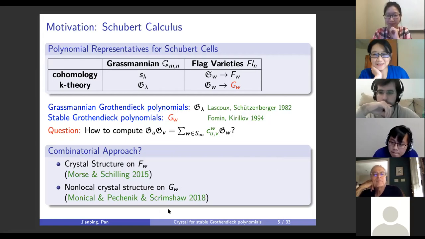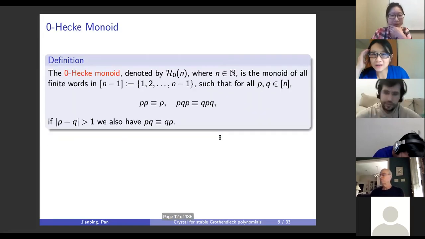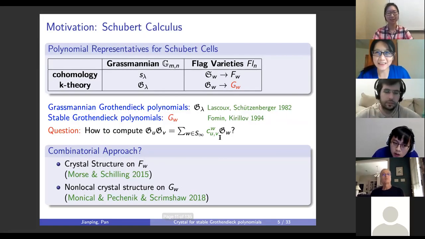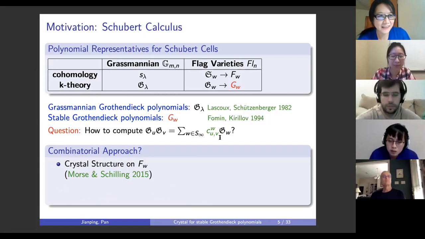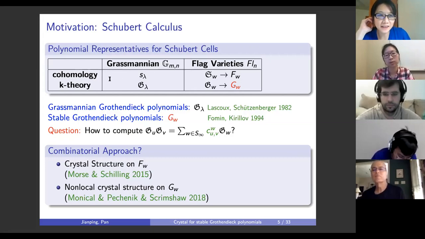I mean, there's a Schur functor floating around here as well, right? Schur functor where? You said was there a Schur polynomial or a Schur something happening somewhere here? Well, Schur functions or polynomials are the polynomial representatives for the cohomology of Grassmannians, actually the Schubert varieties of Grassmannians. I see.